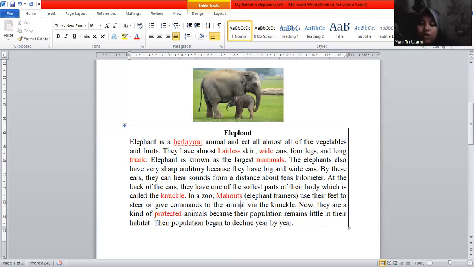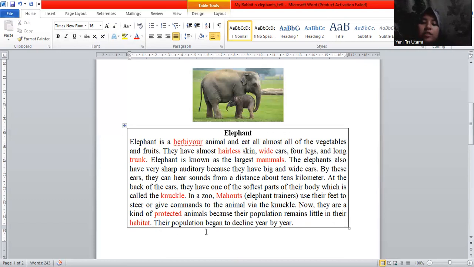So here we found a new word, new vocabulary, habitat. Okay, so habitat is the place where they used to live, where elephants live in the nature, in the free nature, such as jungles, forests, and so on.